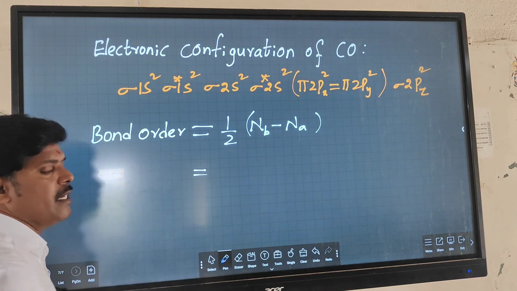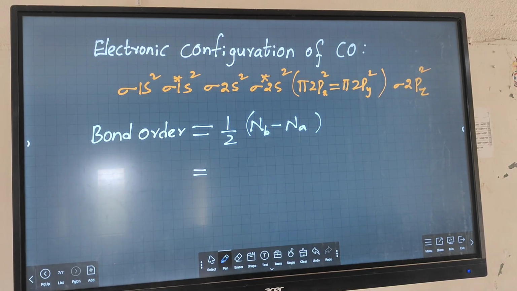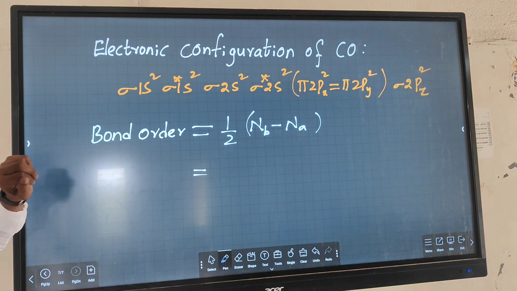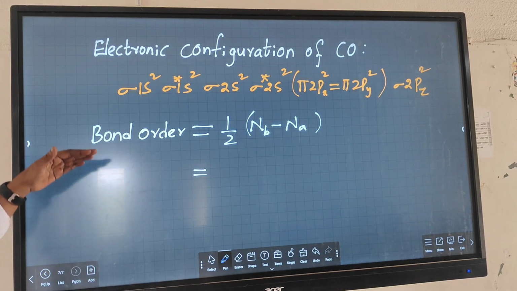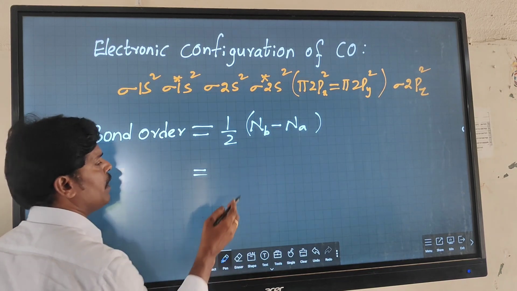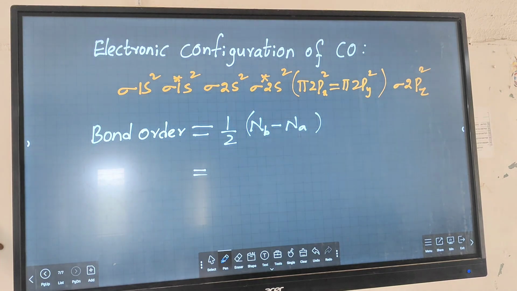The electrons present in orbitals without a star we call bonding electrons. So here 1s2, these two electrons are bonding electrons. NB means bonding electrons, NA means anti-bonding electrons.